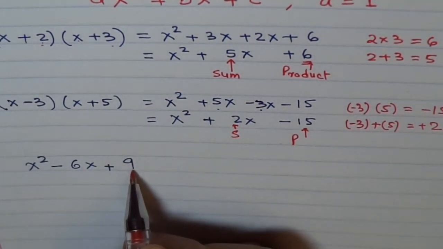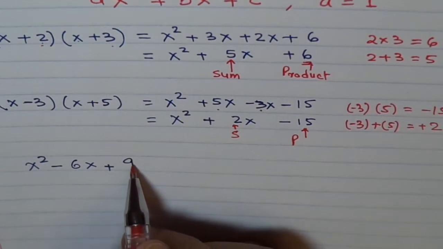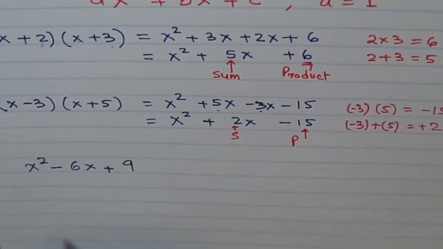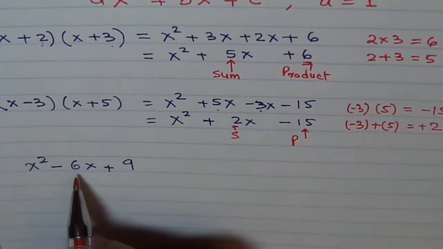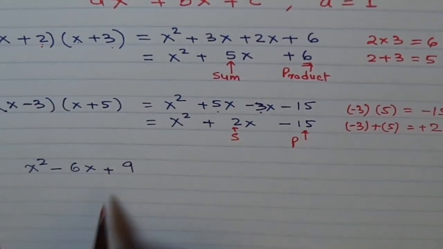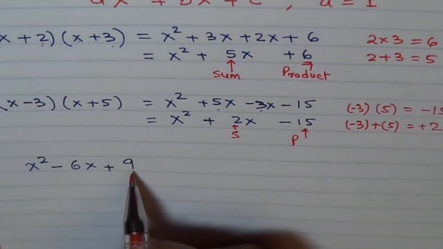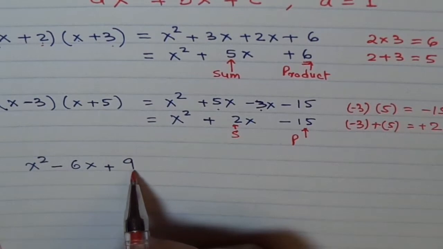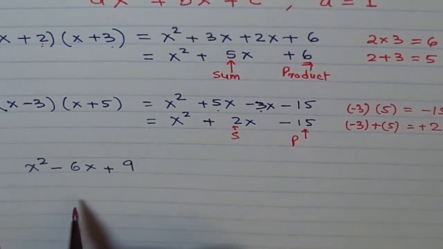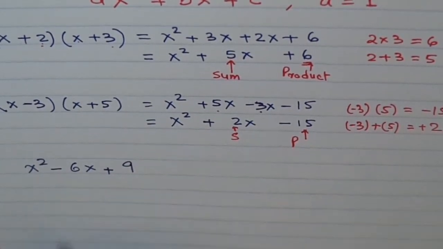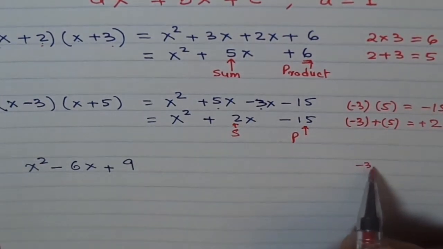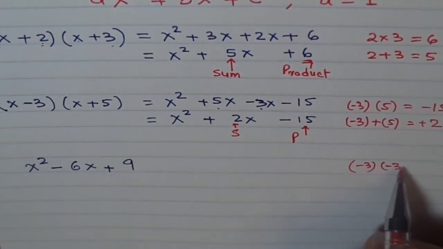You have to find two numbers whose product is 9 and whose sum is minus 6. Well, 3 times 3 is 9. We need minus 6, so we'll take minus 3 times minus 3. So we say our two terms are minus 3 and minus 3.